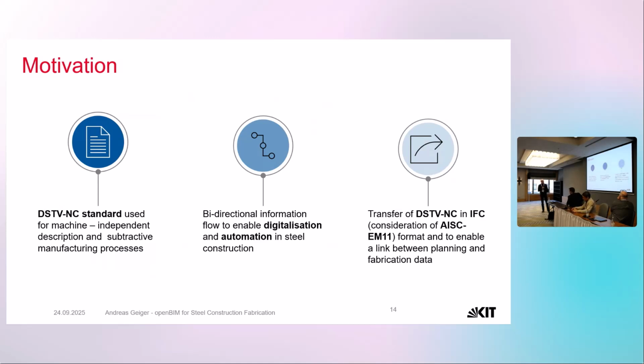The idea was also to have a bidirectional information flow, not only from IFC or from a format into the machine. We also need the information from the machine for next steps. And that was then the target. We transfer DSTV NC to IFC based on the work we already have with AM 11.